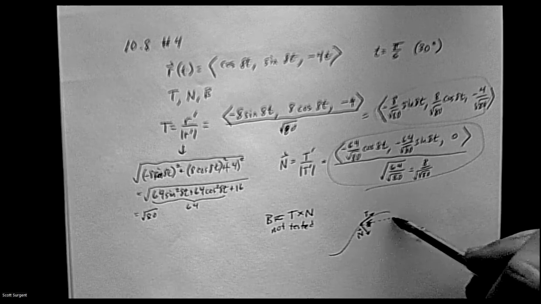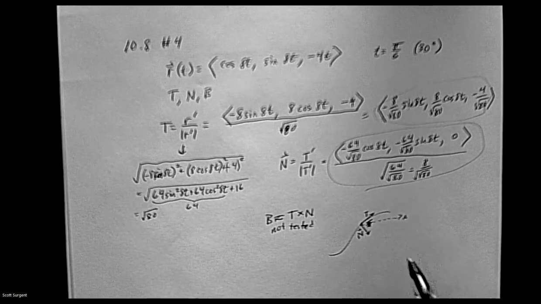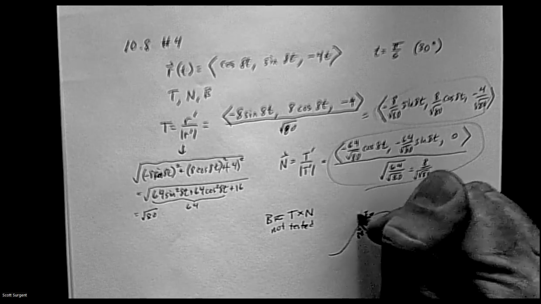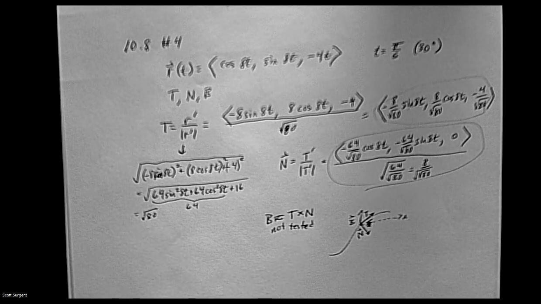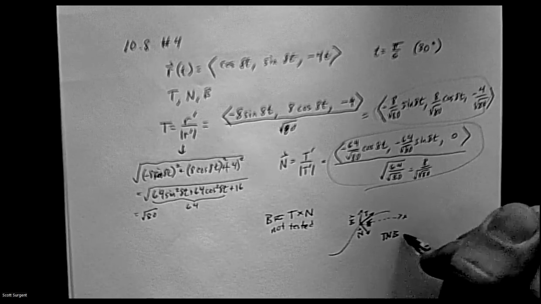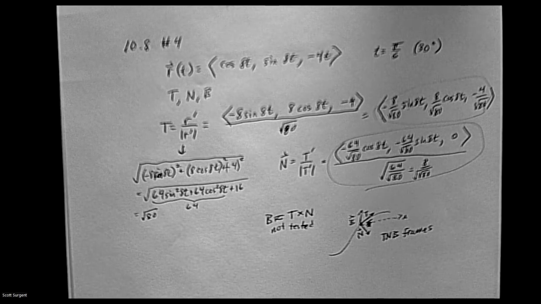Your acceleration is usually doing something like that. And then when you take the cross product of these two guys, you get a third vector that kind of sticks up at 90 degrees. And you basically have a traveling frame of reference. These are what are called T and B frames. This is the kind of thing you do on a computer because a computer can punch out these numbers quickly.